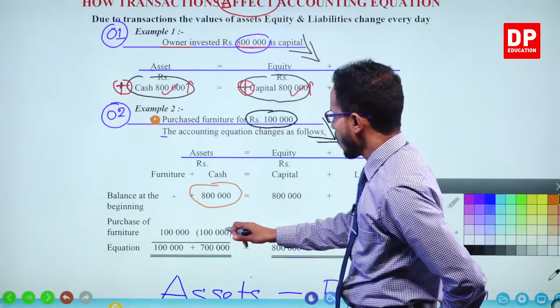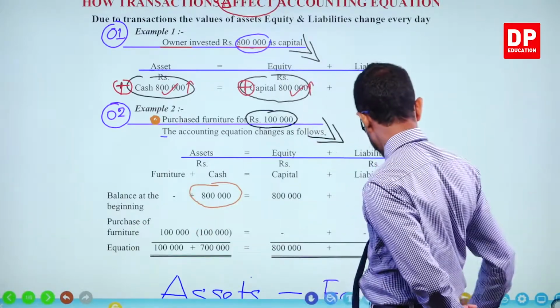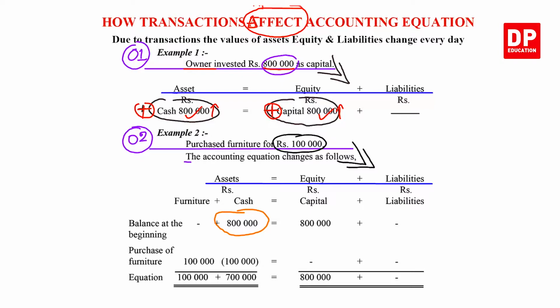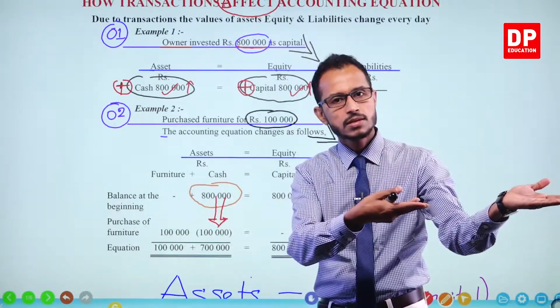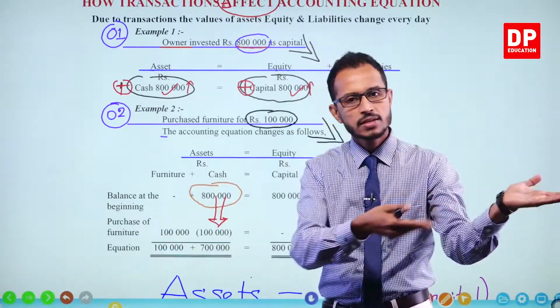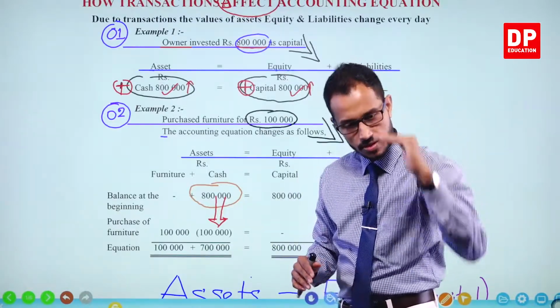See, 100,000 cash decreased. I'll circle this because from this 800,000 cash, 100,000 has been spent. Spent means money gone, decreasing of money.